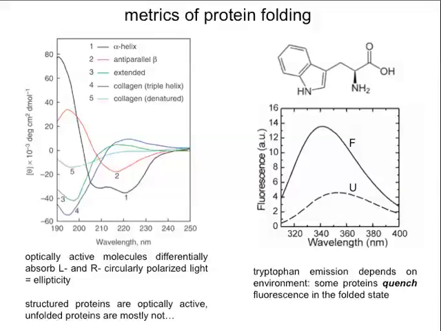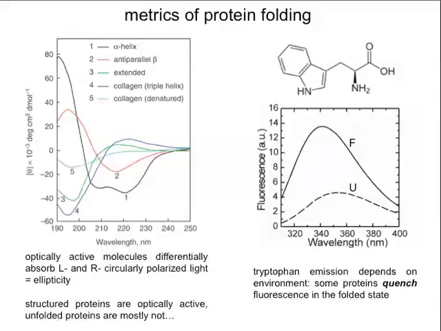So there's a big spectroscopic change. Not only is there a loss of intensity, but there's a shift to the red of the fluorescence maximum. So tryptophan emission depends on the environment. In this case, the folded state of the protein supports a stronger fluorescence, and then exposure to water when we unfold the protein results in the quenching of fluorescence. But it doesn't have to be this way.